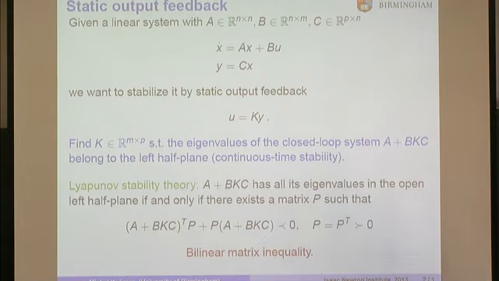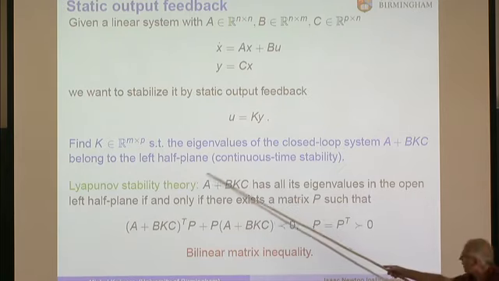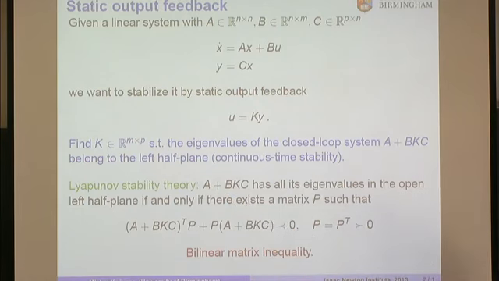And the standard way to solve that is the Lyapunov stability theorem. Our matrix is stable if and only if there is a matrix P, which is positive definite, symmetric, and that Lyapunov product is negative definite.